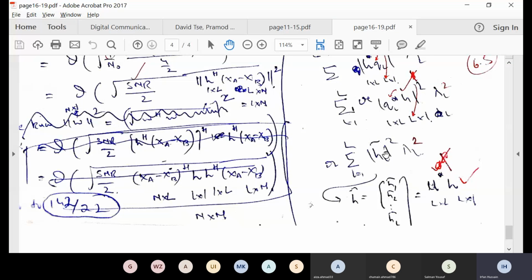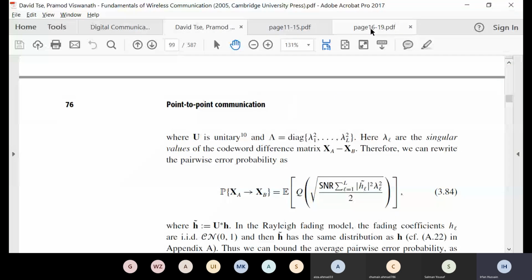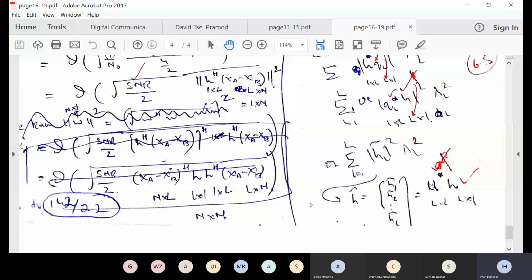So this is the sum of these HL squares. So he has just written the sum of these HL squares, where this H delta is U conjugate H. You can also write this as U conjugate H. So actually same thing here because we got this, but you can also write this as Q conjugate H, because they will give you the same result.